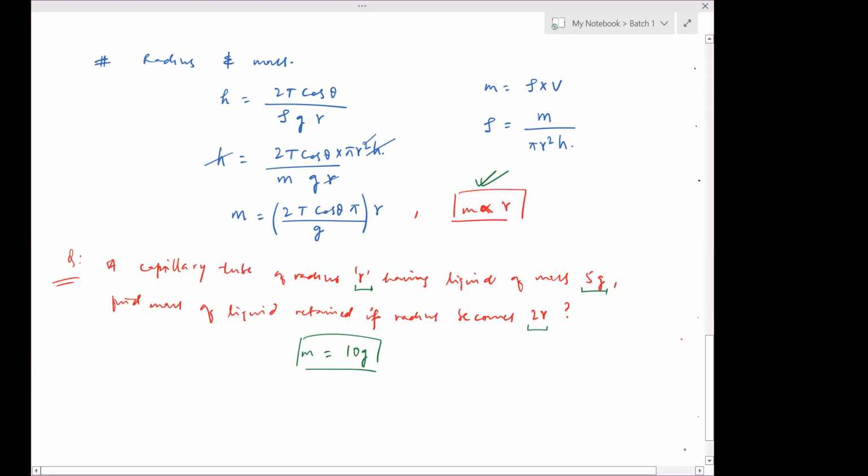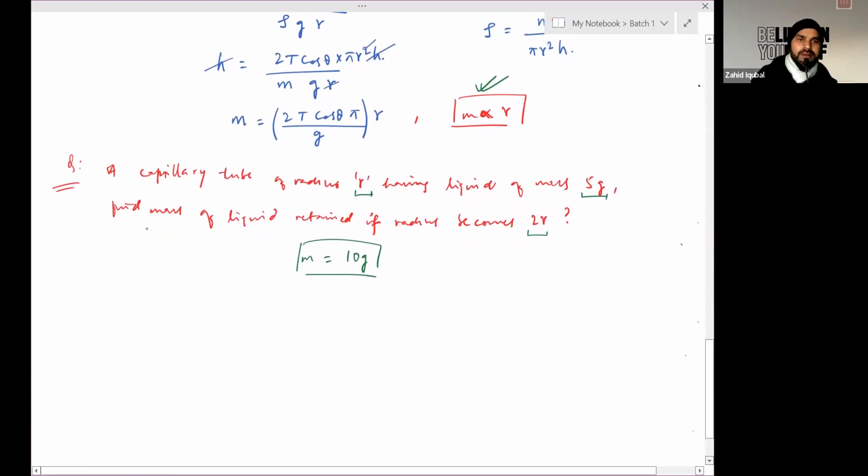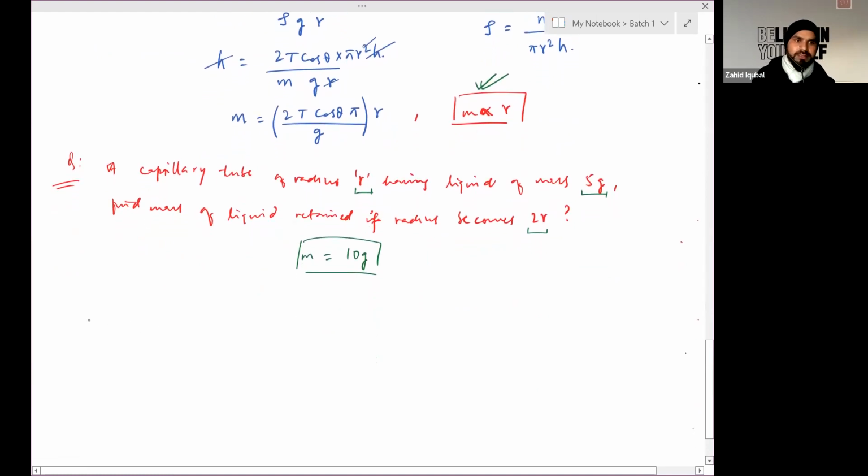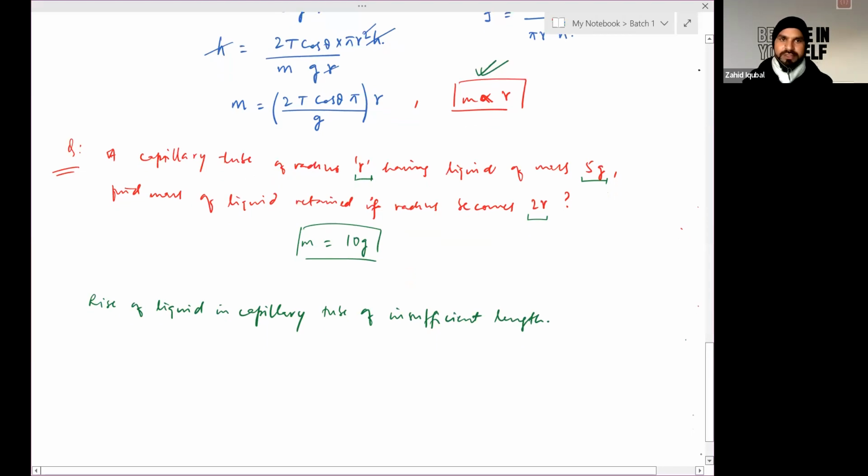Okay. The next question related to this will be the rise of liquid in a capillary tube of insufficient length. Let me define what we mean by insufficient length.